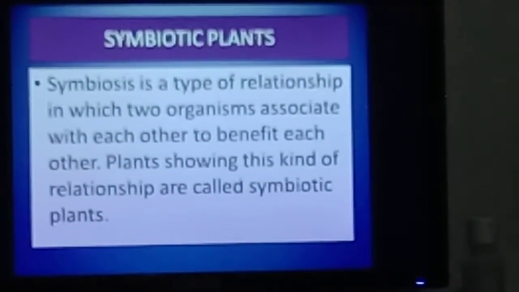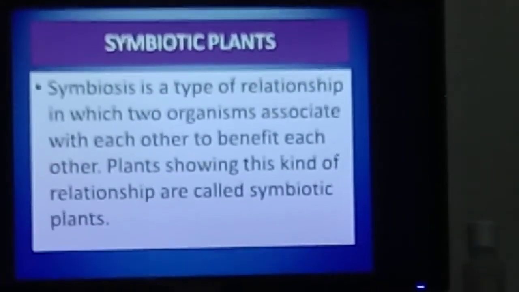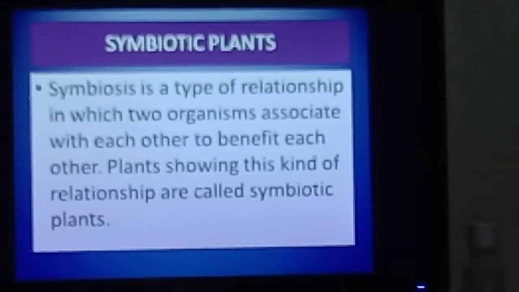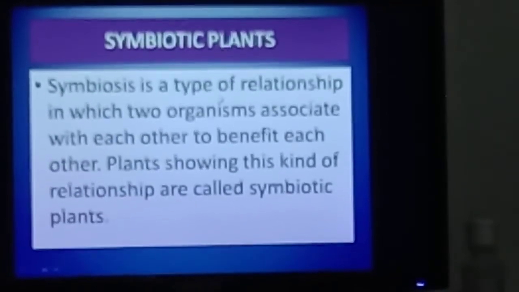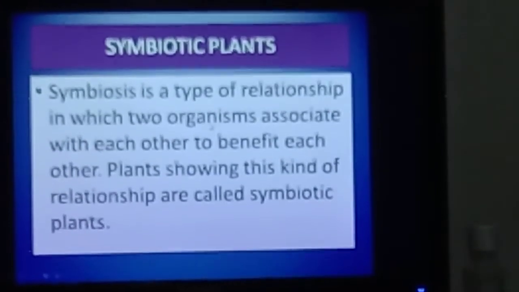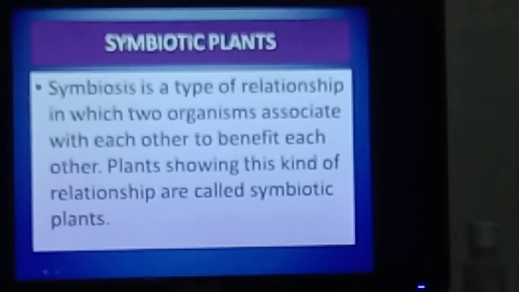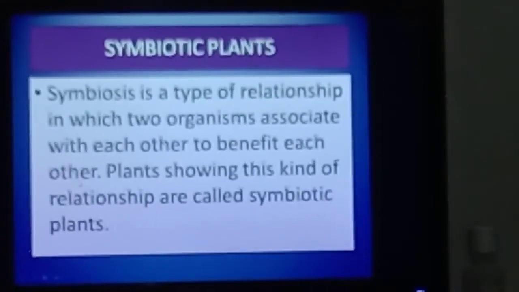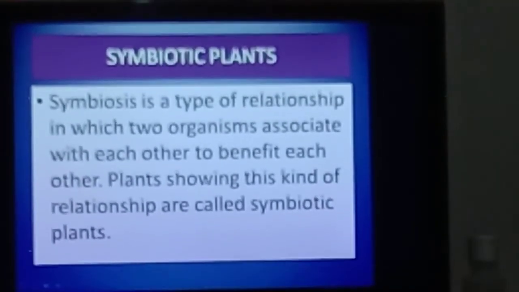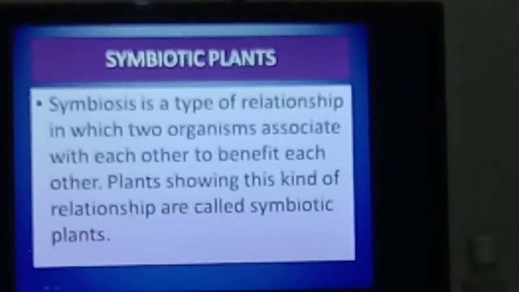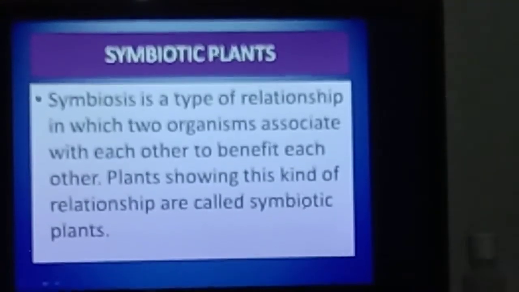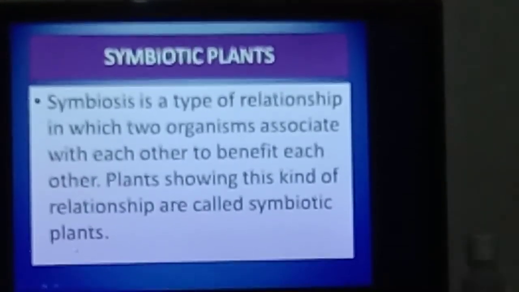The next category is symbiotic plants. Symbiosis is a type of relationship in which two organisms associate with each other to benefit each other. Plants showing this kind of relationship are called symbiotic plants.